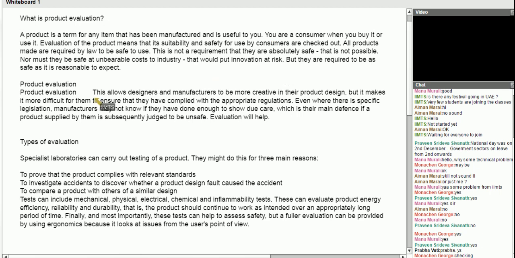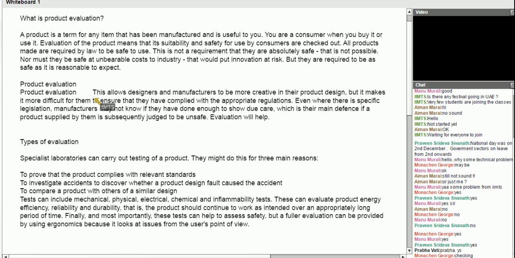All products that are made are required by law to be safe to use. This is not a requirement that they are absolutely safe. That is not possible. Nor must they be safe at unbearable cost to industry, as that would put innovation at risk. But they are required to be as safe as it is reasonable to accept. So there are industry standards for safety which all organizations have to follow while manufacturing any product.